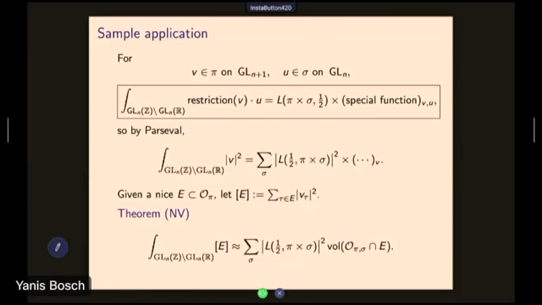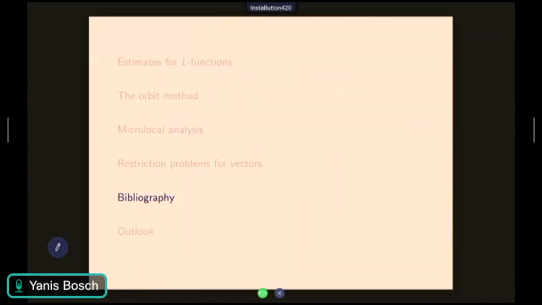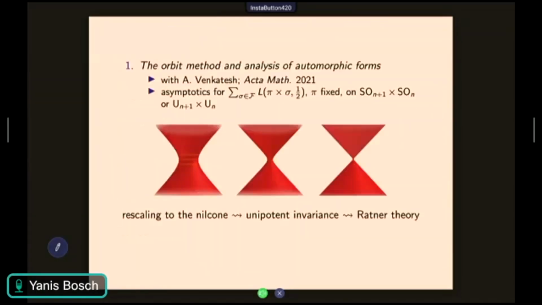And so it's kind of only getting the game started as far as understanding these moments, but it's a good first move, and the left-hand side has a lot of structure coming from the way that this function brackets E is constructed that can then be eventually exploited in some cases to actually estimate this left-hand side. So I'll indicate in this little bibliography section how we estimated those in the case of our paper.